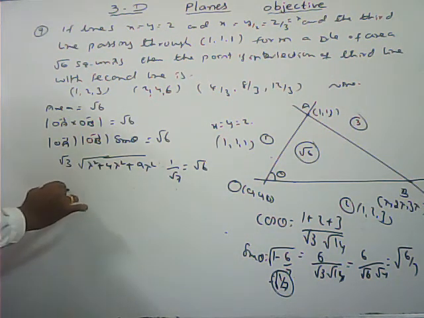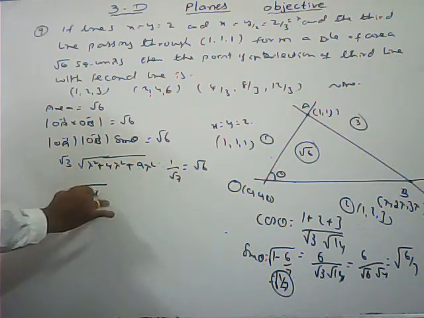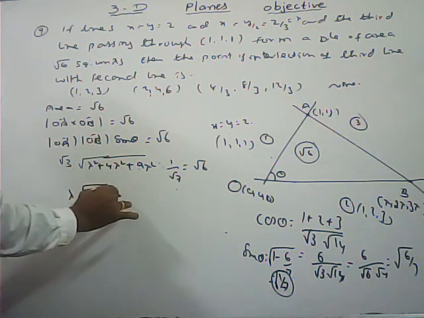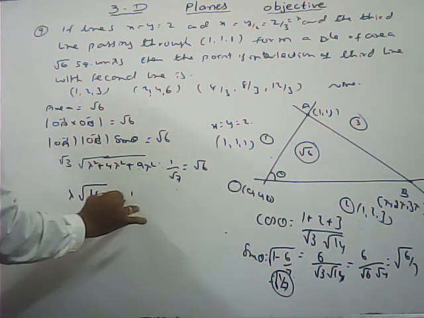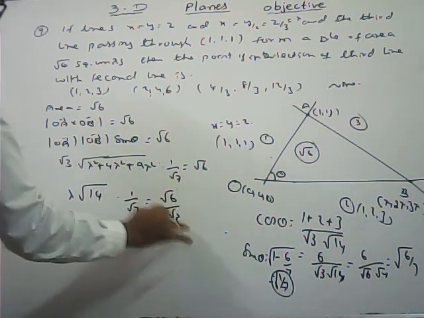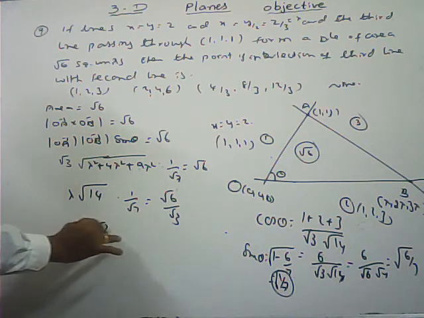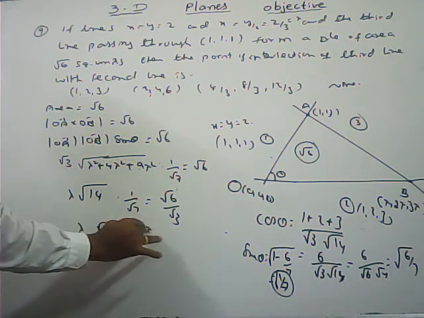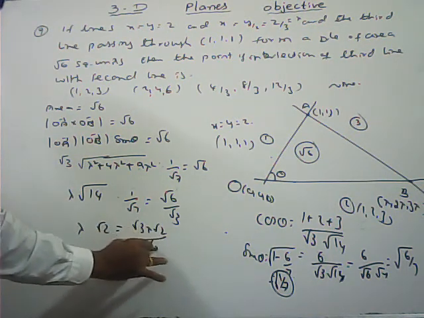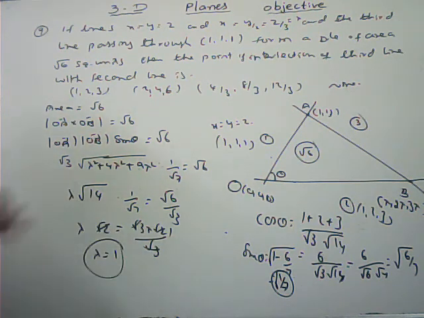This is lambda square root of root 14 into 1 by root 7, that is equal to root 6 by root 3. This one we can write root 2, that is equal to root 3 into root 2 by root 3. These two get cancelled, these two get cancelled. We are getting lambda is equal to 1.